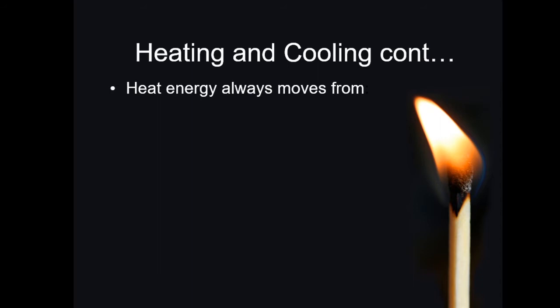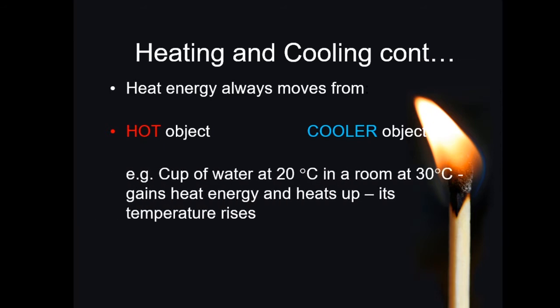So heat energy always moves from hot objects to cooler objects. For example, a cup of water at 20 degrees Celsius in a room at 30 degrees Celsius gains heat energy and heats up. Its temperature rises, right?